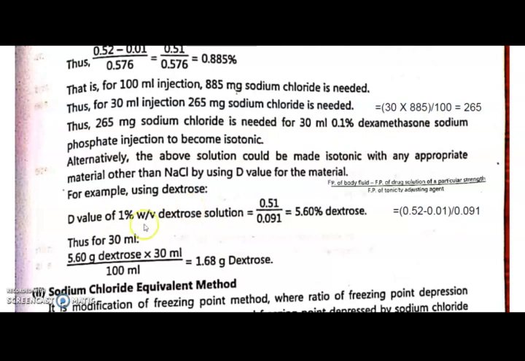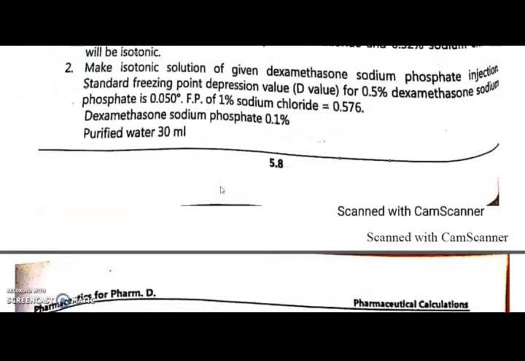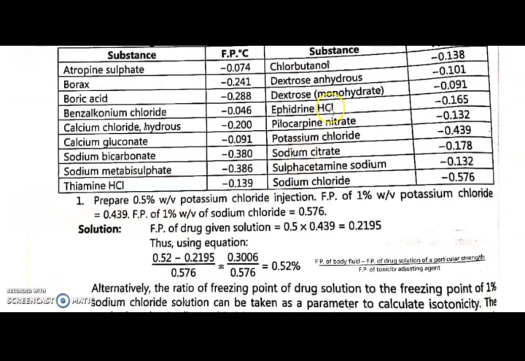The freezing point of 1% weight by volume dextrose solution is 0.091.